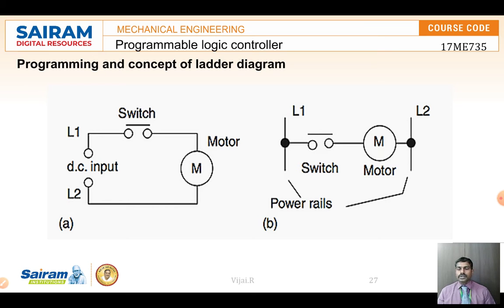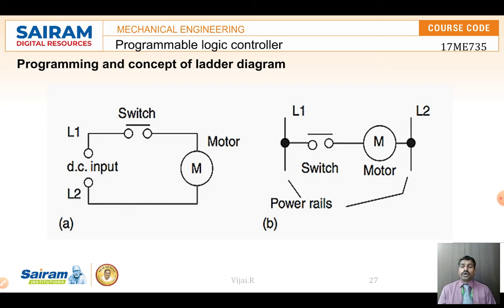Normally, in the left side figure, it shows lines L1 and L2, that is the DC input with a contact switch, and then a motor connected in this. This is a normal motor connection in an electrical circuit.